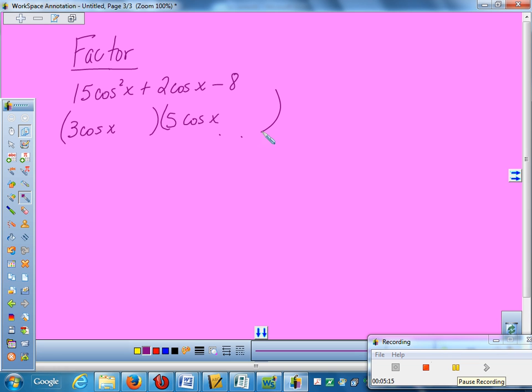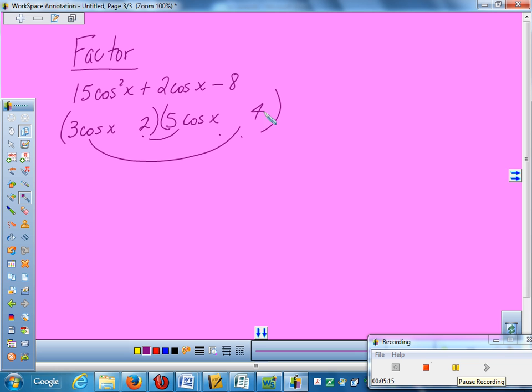Okay, factors of 8 to try. 4 and 2? You're still going to check insides and outsides. Does 20 and 6 make me a 2 in the middle? No. Before I go that route, realize you need to check what happens if I switch the 2 and the 4.